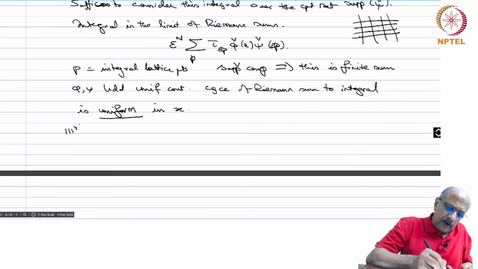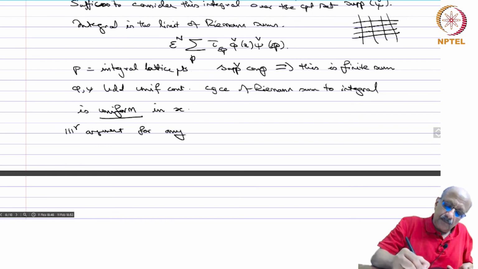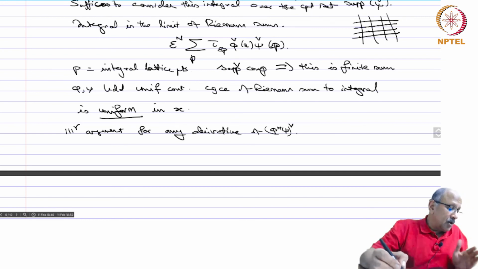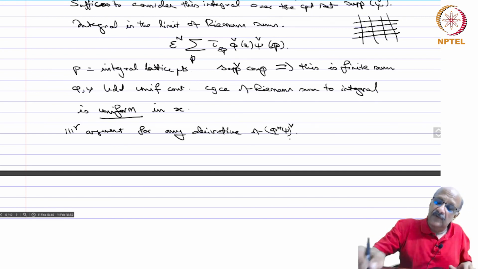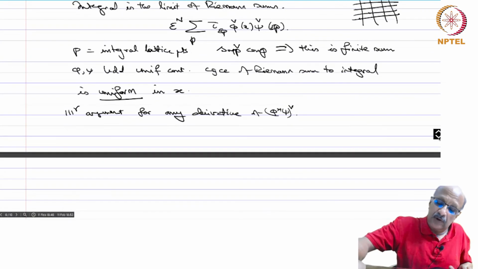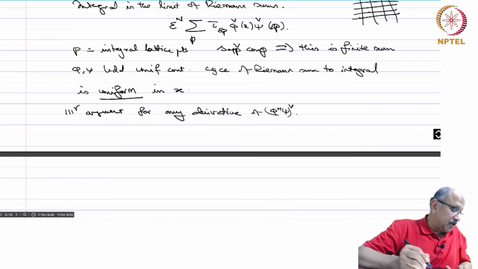A similar argument works for any derivative of phi star psi chesh, because you can push the derivative to any one of them and then apply the same argument.